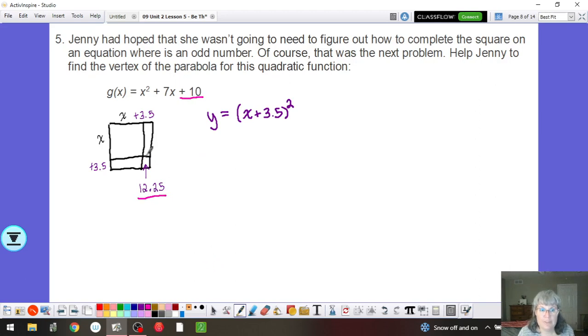So to turn this into a 10, I would need to subtract 2.25. That means I'm also going to subtract it from my perfect square, 2.25. So my vertex will be left 3.5, so that's negative 3.5, and down 2.25, so negative 2.25.